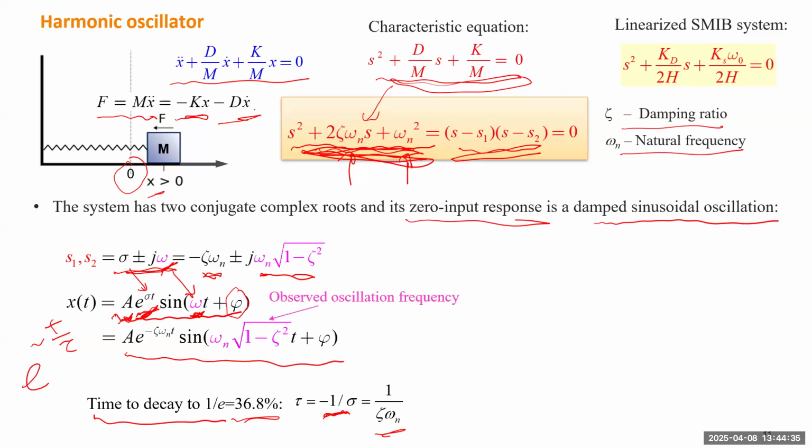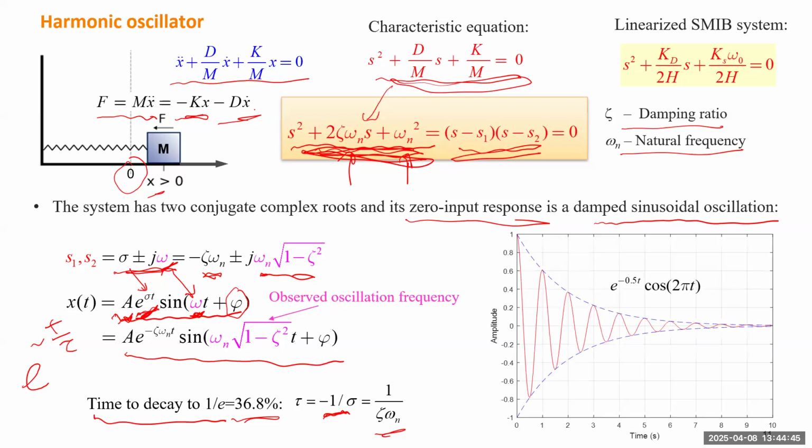Okay, so if we give some values, this omega actually means the observed oscillation frequency. Let's try some typical values. For this case, sigma is negative 0.5, omega is 1, phi is 0, A is 1.